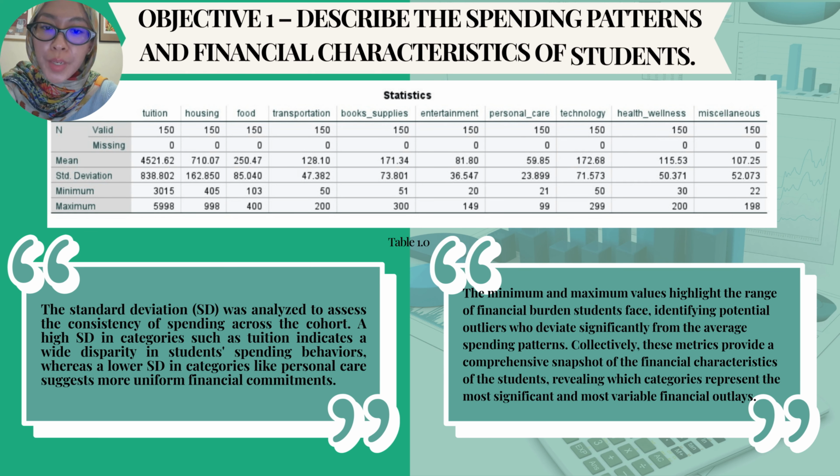For Objective 1, Table 1.0 presents the descriptive statistics of students' monthly expenditure across various spending categories. The mean indicates the average amount spent by students on each category. Based on the mean values, tuition represents the largest expenditure among students, with an average spending of 4,531.62, followed by housing at 710 ringgit and 7 cents.